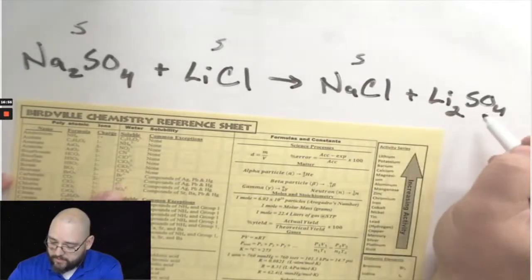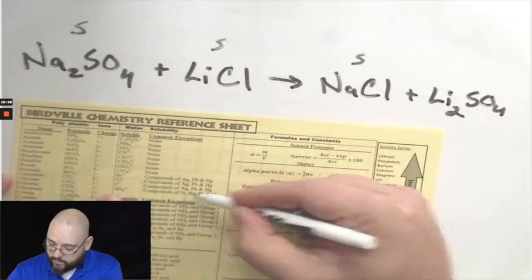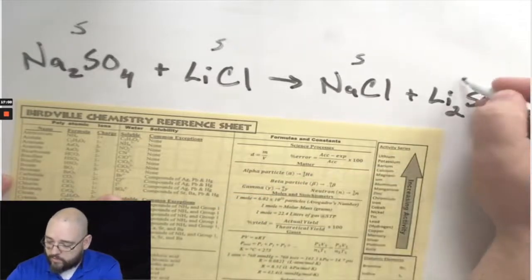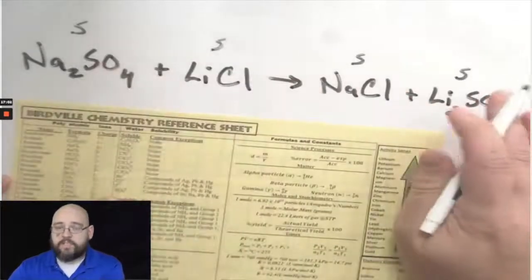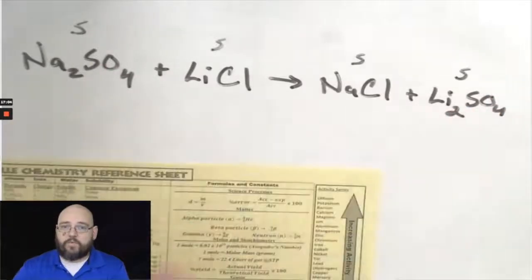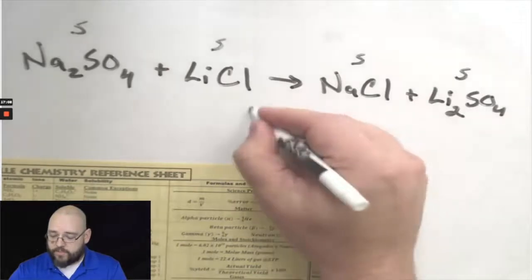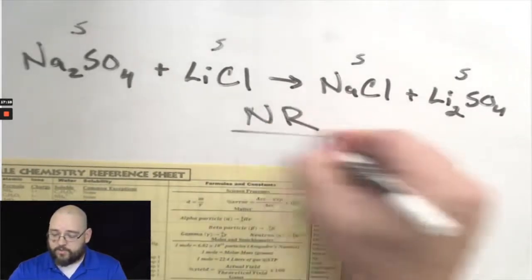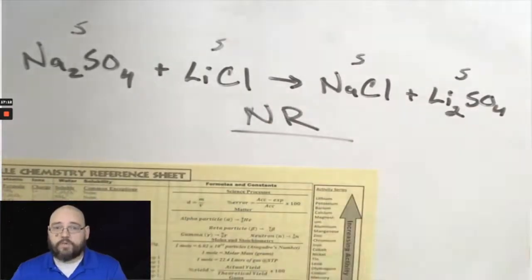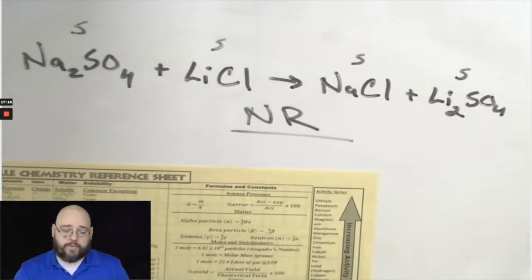Again, chlorine is soluble except when it's combined with one of these three, and so that is a soluble thing. Sulfate, again, is soluble except when it's with these four compounds. Lithium is not one of those. So all four of these are soluble. And since all four of them are soluble, nothing really happens. They stay as their ions. So we're going to say that this is no reaction because all four of those are soluble compounds.